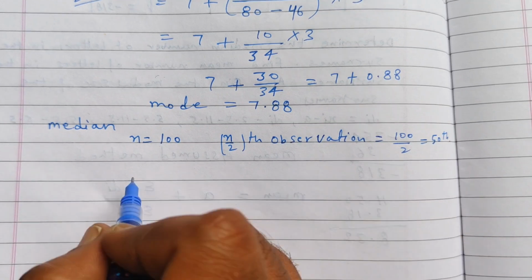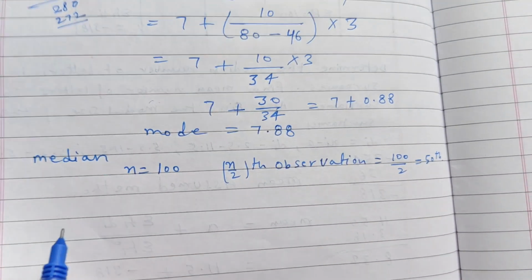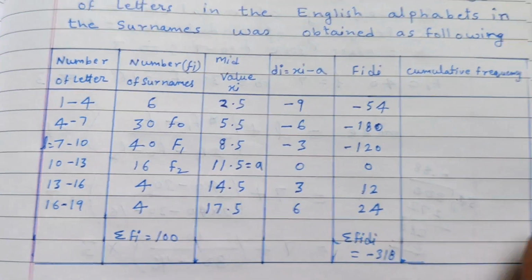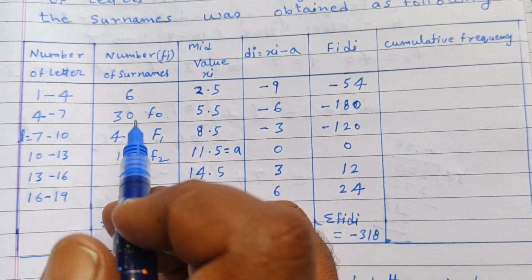Here in the frequency table, we find the cumulative frequency.